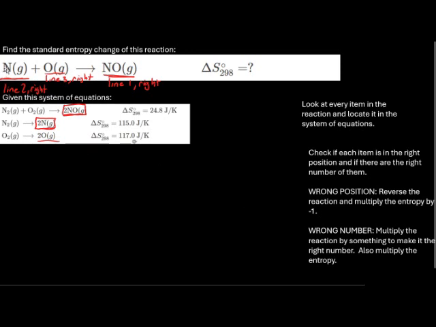Let's begin with our nitrogen gas. In our target equation, nitrogen gas is on the left, but notice that in the system, it's on the right. So that means that this nitrogen in the system is in the wrong position.